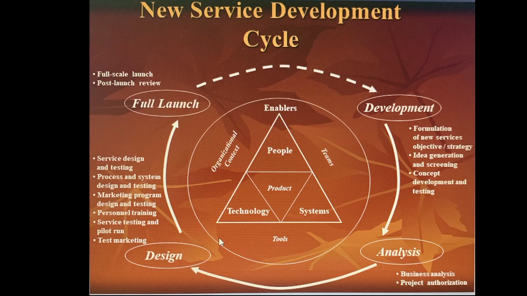To satisfy the customer with an intangible service is very, very difficult. So why are we talking about blueprinting? Because whenever we launch, we should have a blueprint of that particular service, and according to that only we should do the service.